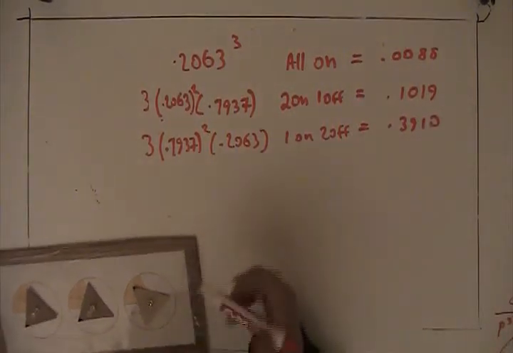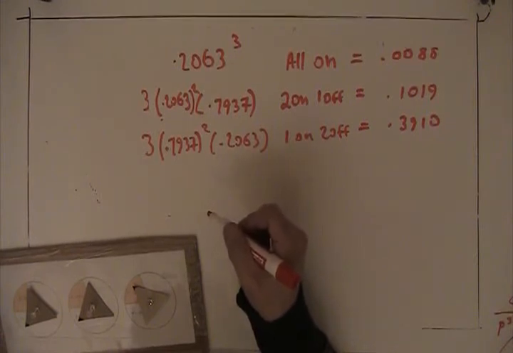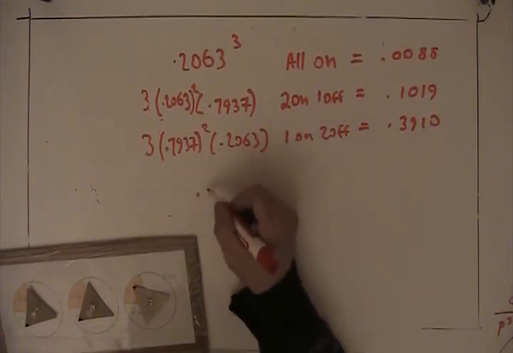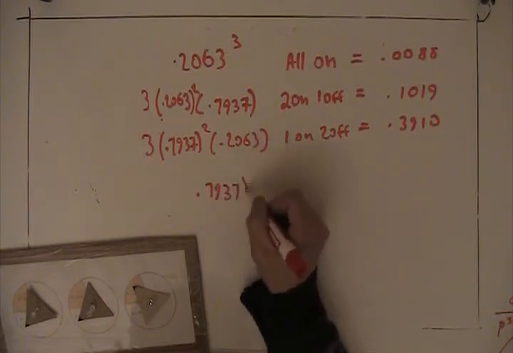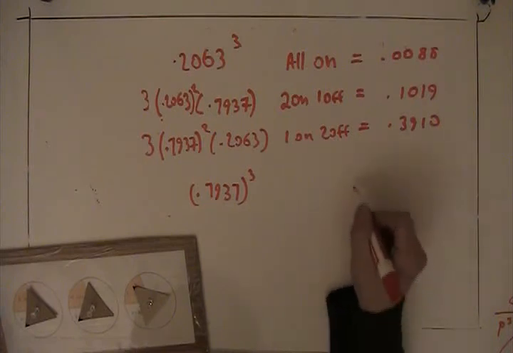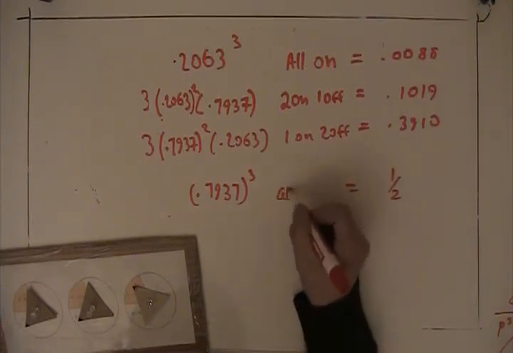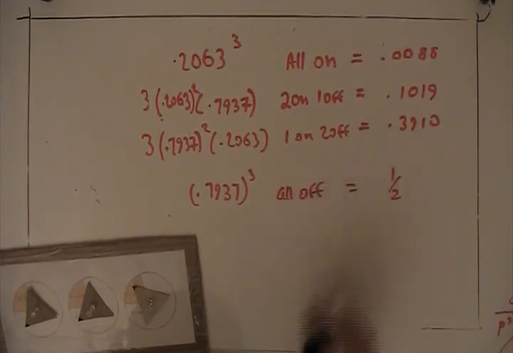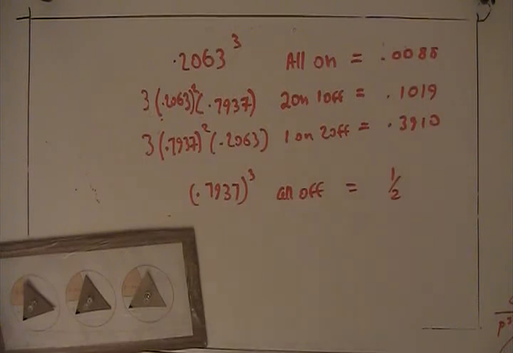Okay, now here's the fun part. We have 1 chance of none being on. So that's 0.7937 cubed. That equals 1/2. And this is all off. So our chances of winding up in the all off zone is 1/2.